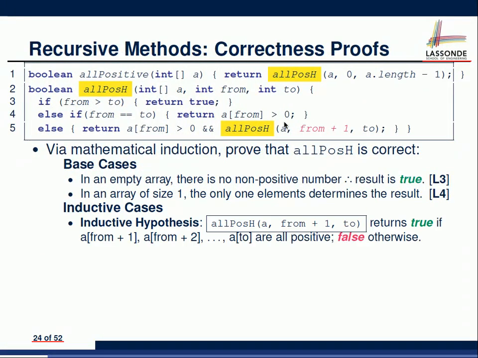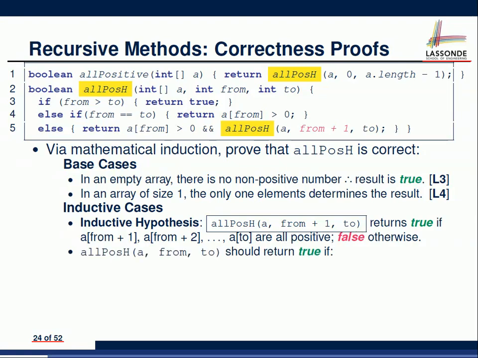So inductive case, number 1, you make an inductive hypothesis. You simply say all positive helper from plus 1 until to, right? Exactly the subarray I just talked about. Assume that it is correct, which means it returns true when every element in there is positive and false otherwise. Assume that.